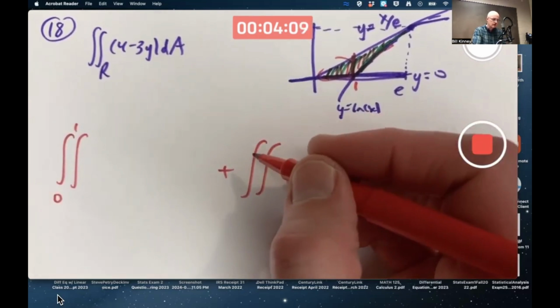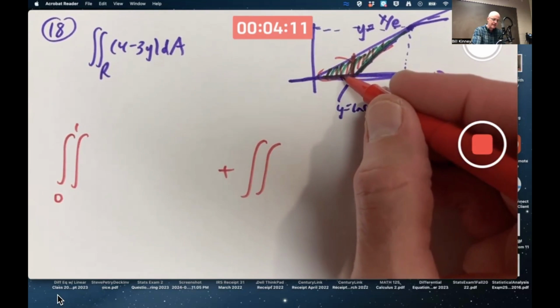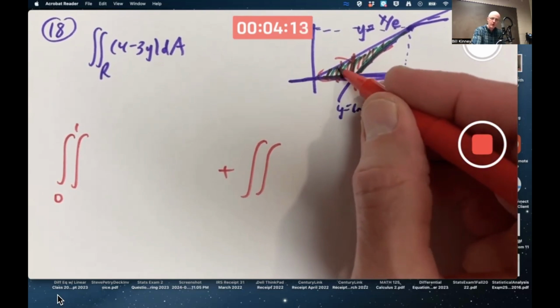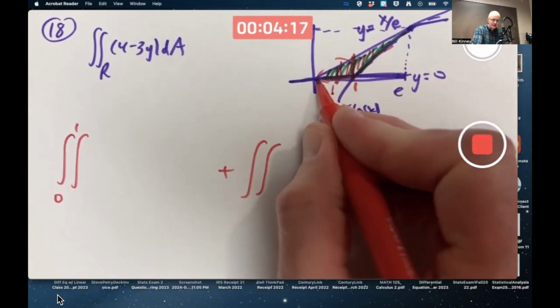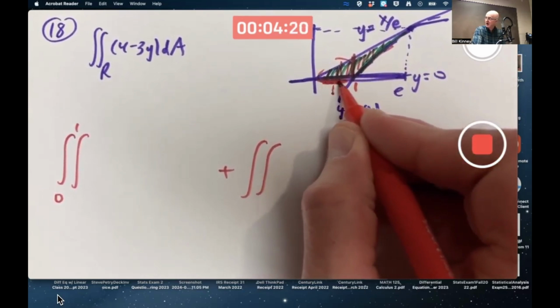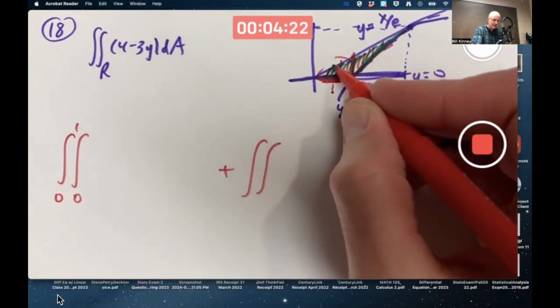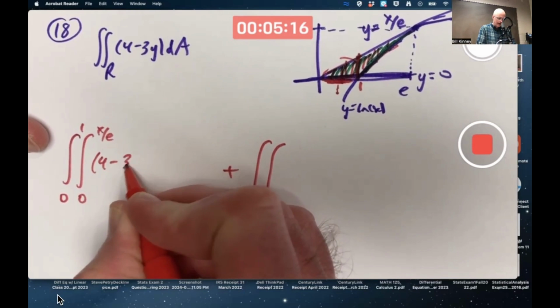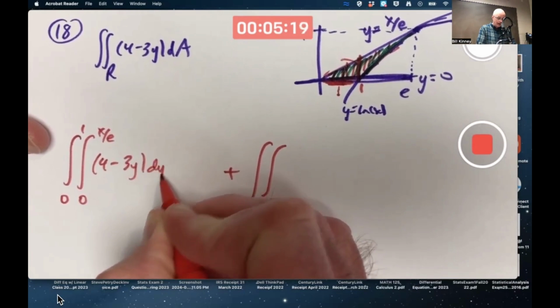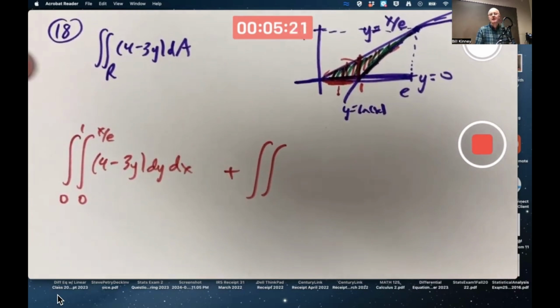The inner integral is going to be the range of values that y goes between as functions of x. This one down there is a constant function of x, 0, so that's nice. That one up there is not a constant. It's x over e. 4 minus 3y, again, dy dx.